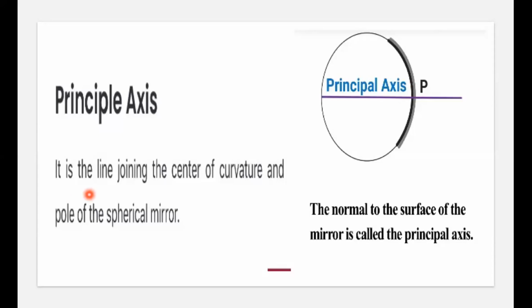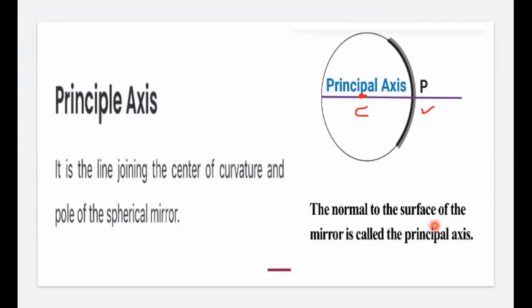So the principal axis is the line joining the center of curvature and the pole of the sphere. If I locate the center of curvature, it will be somewhere here and the pole is here. Such a line is called the principal axis.